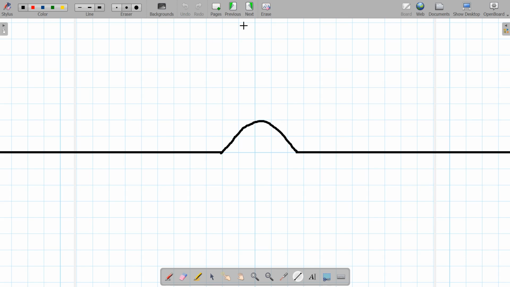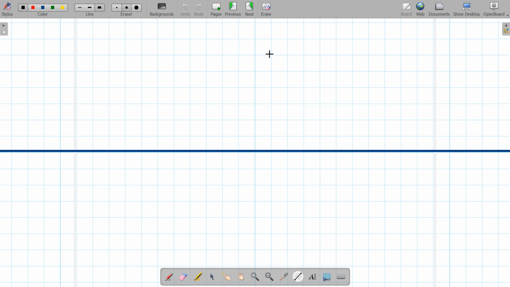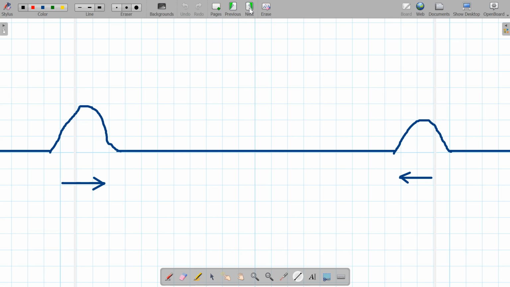Let us look at another example. Here's another slinky. Once again, we have a man on the left. He's going to send a pulse of energy traveling in that direction. And a man on the right is going to shake the end of the slinky and send a pulse of energy traveling in that direction. What is the height of this wave here? What is the amplitude?